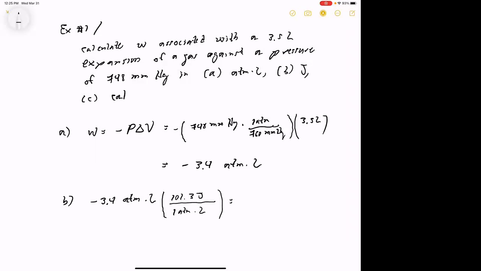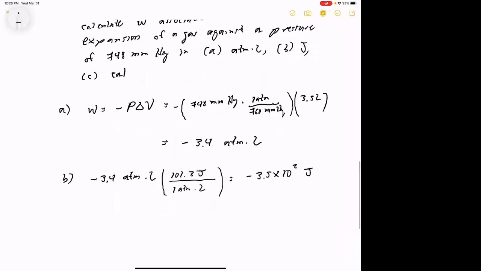That gets me to a more useful place because now I can compare joules to joules if I want to plug this back into an internal energy equation. And with sig figs, I get minus 3.5 times 10 to the second joules. Still negative because, again, the system is doing work on its surroundings, so the internal energy of the system should be decreasing.